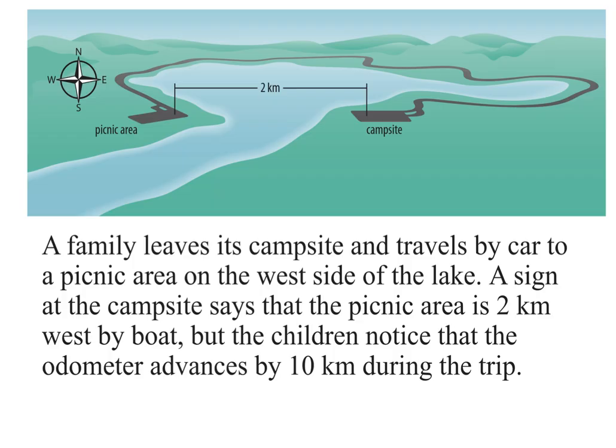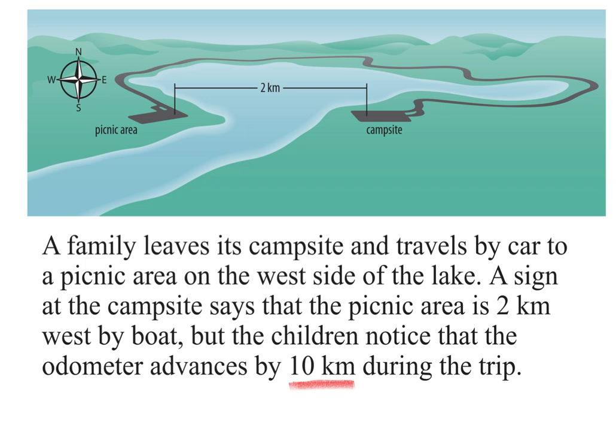They left the campsite and they drove around all the way to the picnic area. So the distance traveled is going to be this 10 kilometers here. That's how far they traveled distance-wise.